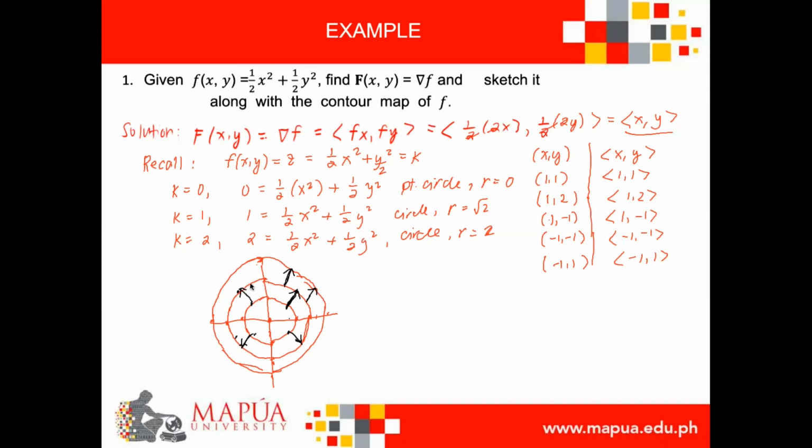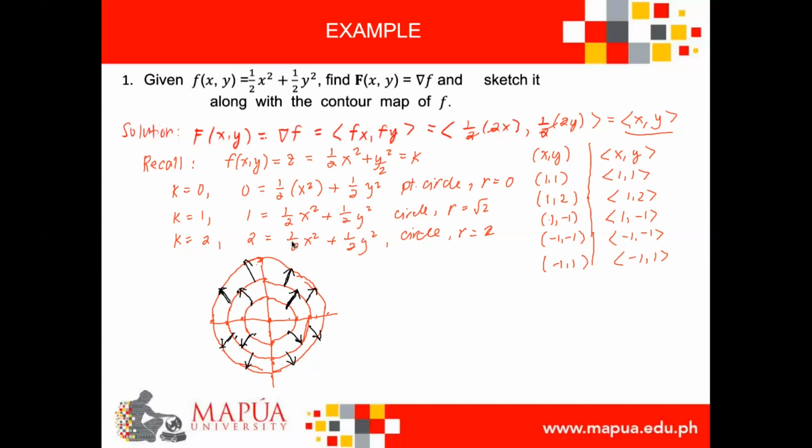Likewise, in the second quadrant, we can assume that this is the direction of the other vectors. Take note that the vectors here are orthogonal, or perpendicular, to the contour map or level curves. By the way, the length of these other vectors is increasing because as we assign values to your points, we also have the corresponding components.